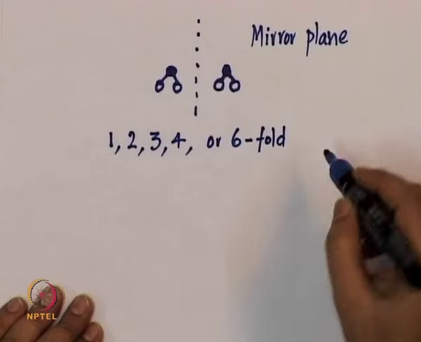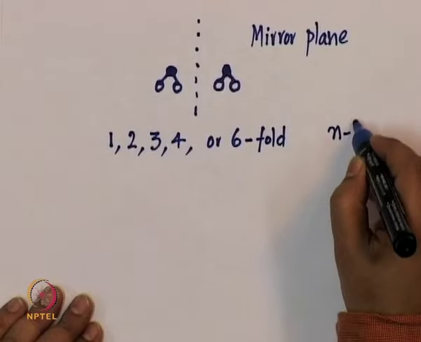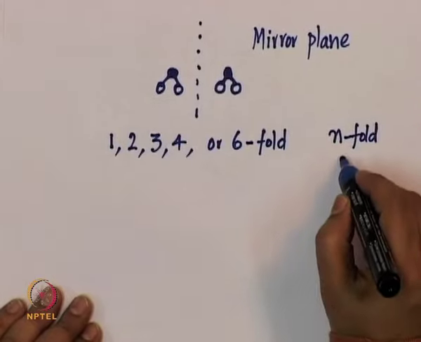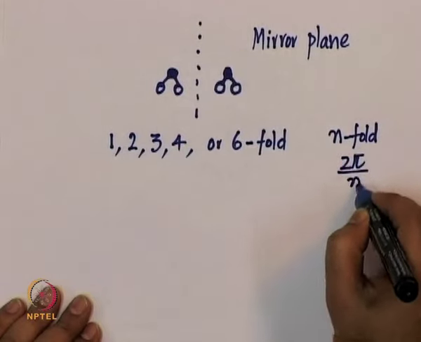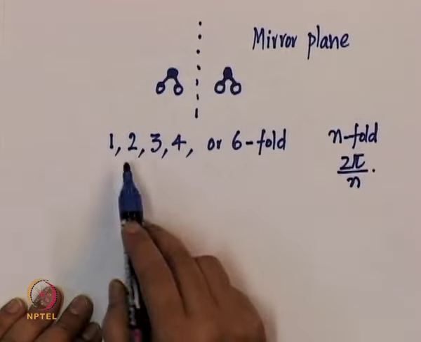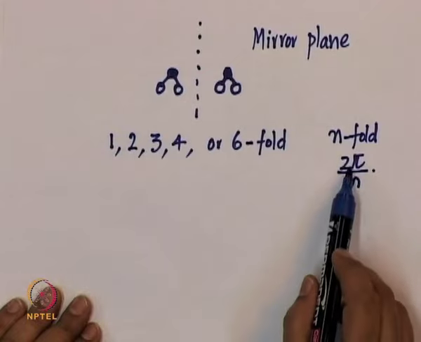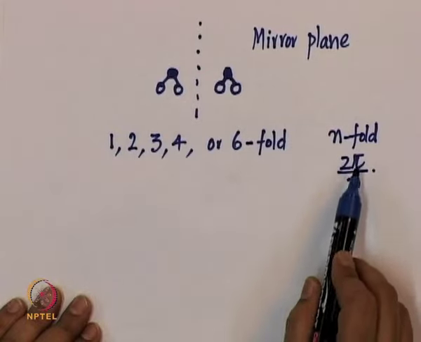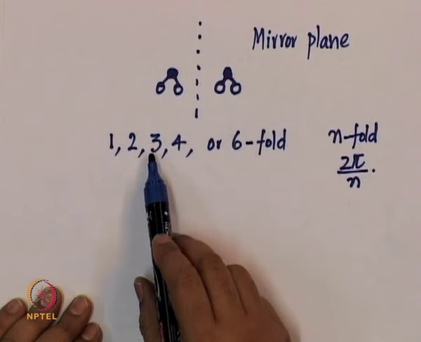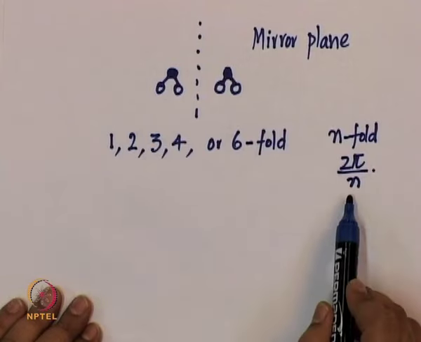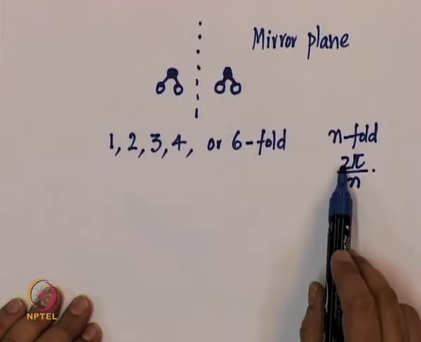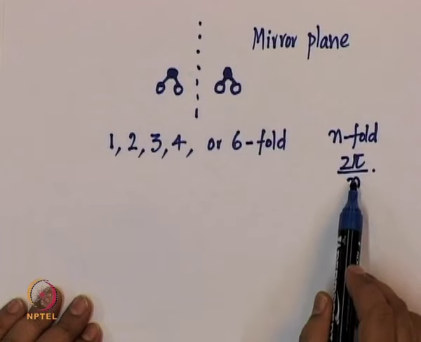What does this fold mean? If it is n fold, you rotate by 2 pi by n. That is what n-fold means. So, 2-fold means you rotate by 2 pi by 2, that is pi, a 180 degree rotation. 3-fold means 2 pi by 3, and 2 pi is 360, divided by 3 is 120.